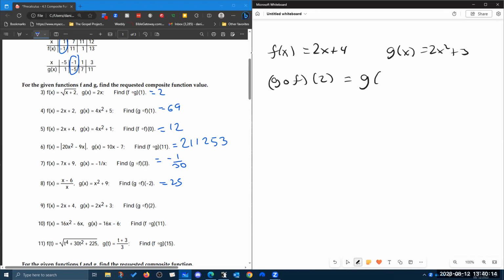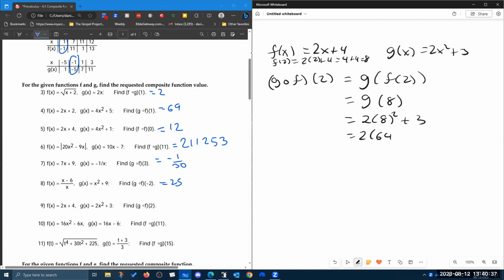So f of 2 is going to be 2 times 2 plus 4, which is 4 plus 4, which is 8. That's g of 8, and it's 2 times 8 squared plus 3, which is 2 times 64 plus 3. 2 times 64 is 128, and 128 plus 3 is 131.